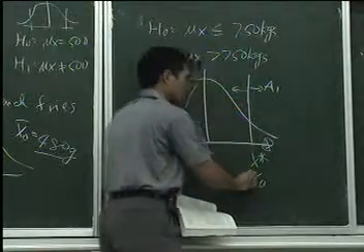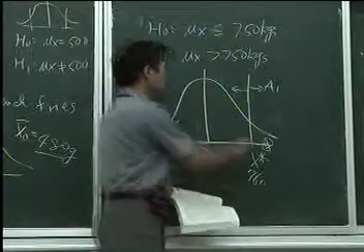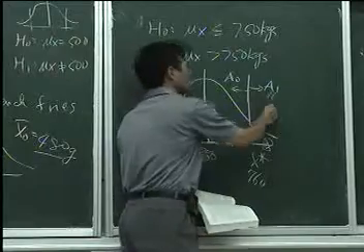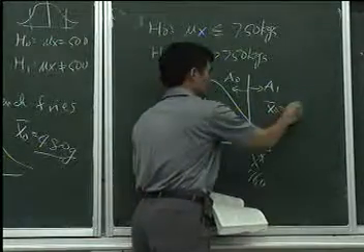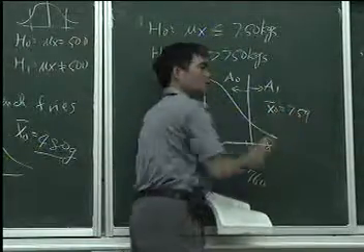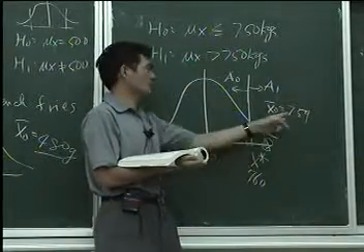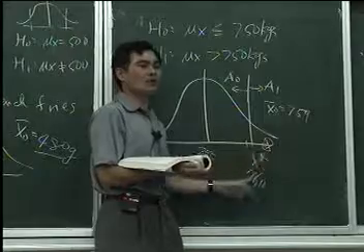If the value you found out, x bar 0, is equal to 759, even though it is very close to this critical value, it's still smaller than this one.